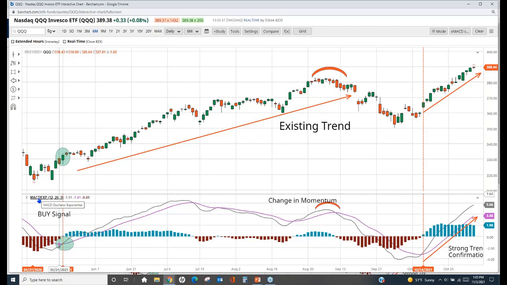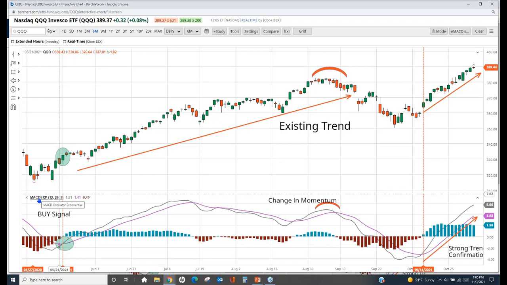Now, what is an EMA, you ask? Well, it's just a moving average that puts a greater importance, a weighting, to the latest inputs, and therefore making it more sensitive to recent price movements.